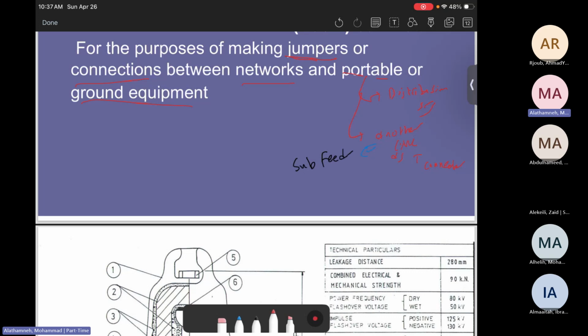What does sub-feeder mean? Let's recall. Assume we have a substation here that's converting 132 kilovolts to 33 kilovolts. Then here is a feeder, the main feeder. From the main feeder, there is a lateral. Then from that lateral, there is a distribution transformer.